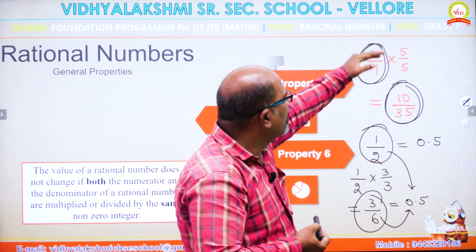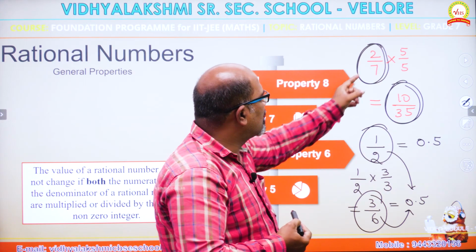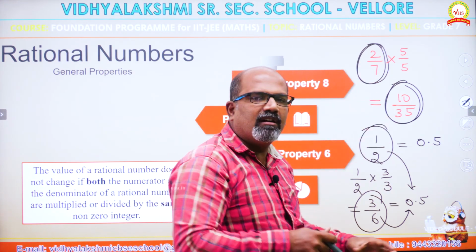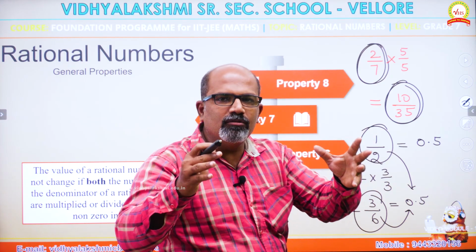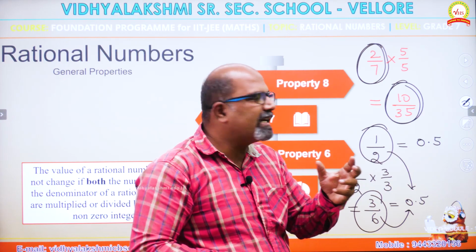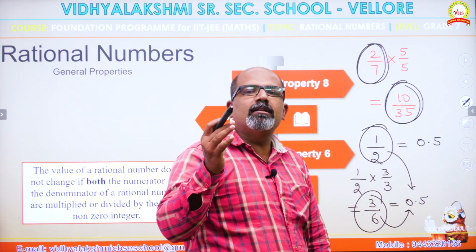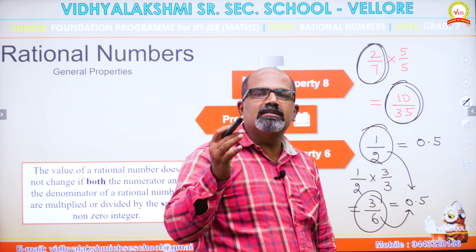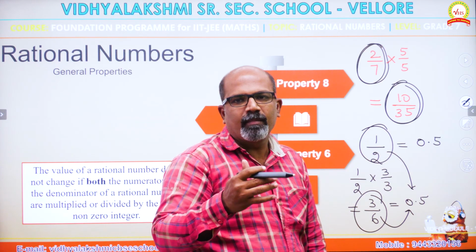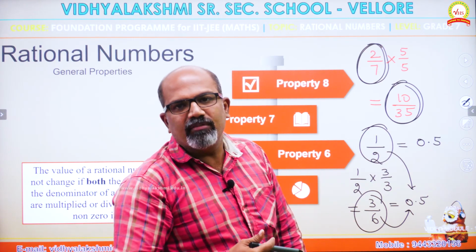These two are said to be equivalent because 2/7 and 10/35 are equal in value, but visually they are different. So we call them equivalent rational numbers. When you multiply a rational number by the same integer in the numerator and in the denominator, the given rational number is converted into an equivalent rational number.